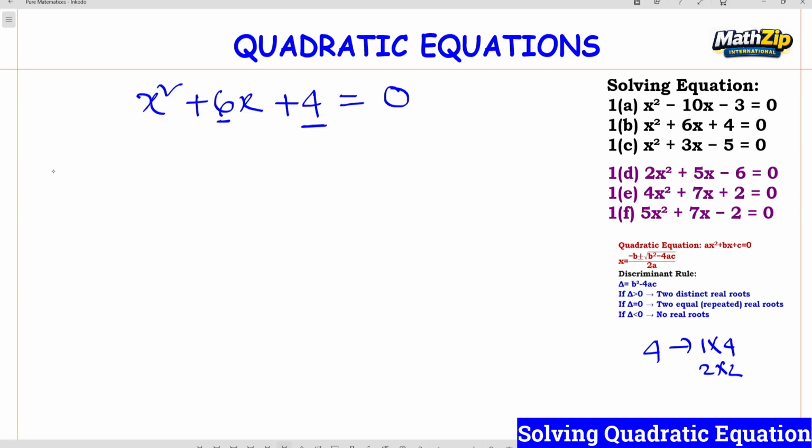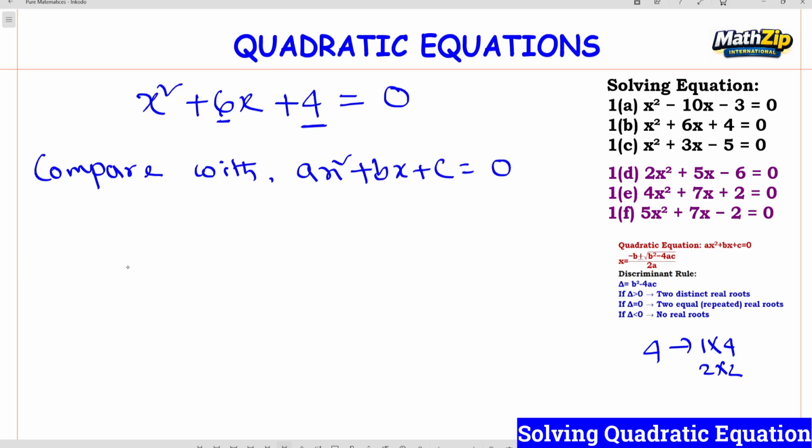In this case we have to compare with ax square plus bx plus c equals 0, where a equals 1 because the coefficient of x square is 1. b equals 6, the coefficient of x.